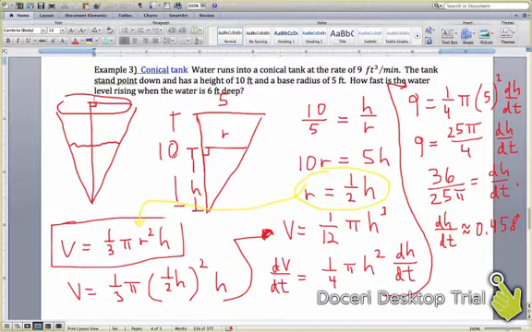So you get that dh/dt is 0.458, and in context of this problem, that means that the height is increasing almost a half a foot per minute at this particular moment in time. Again, this is a classic cone problem. All you need to do is relate your variables with similar triangles. Anytime you have cone problems, that's the general format that you want to do.